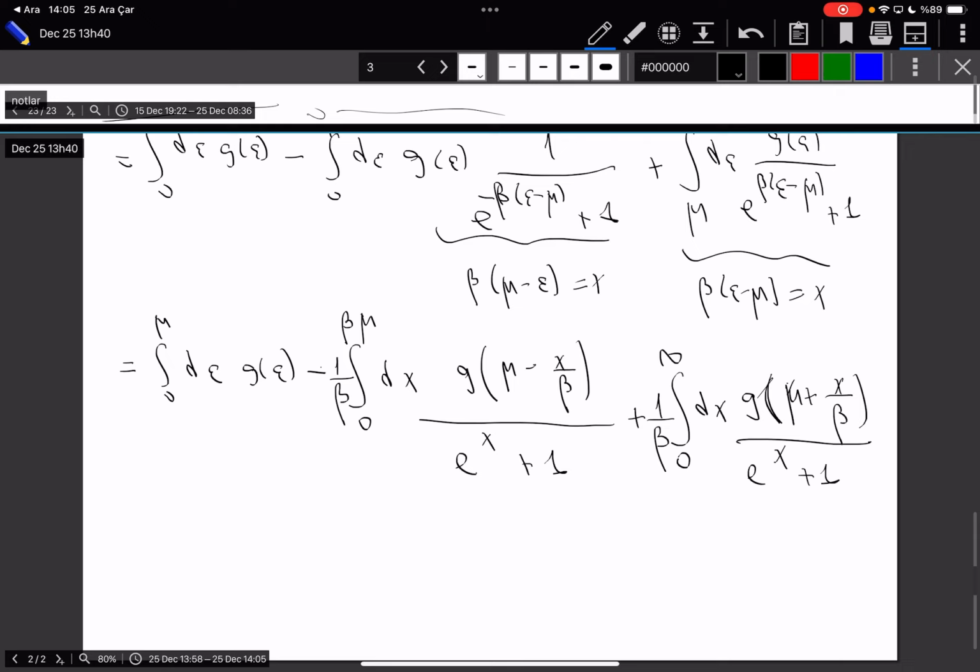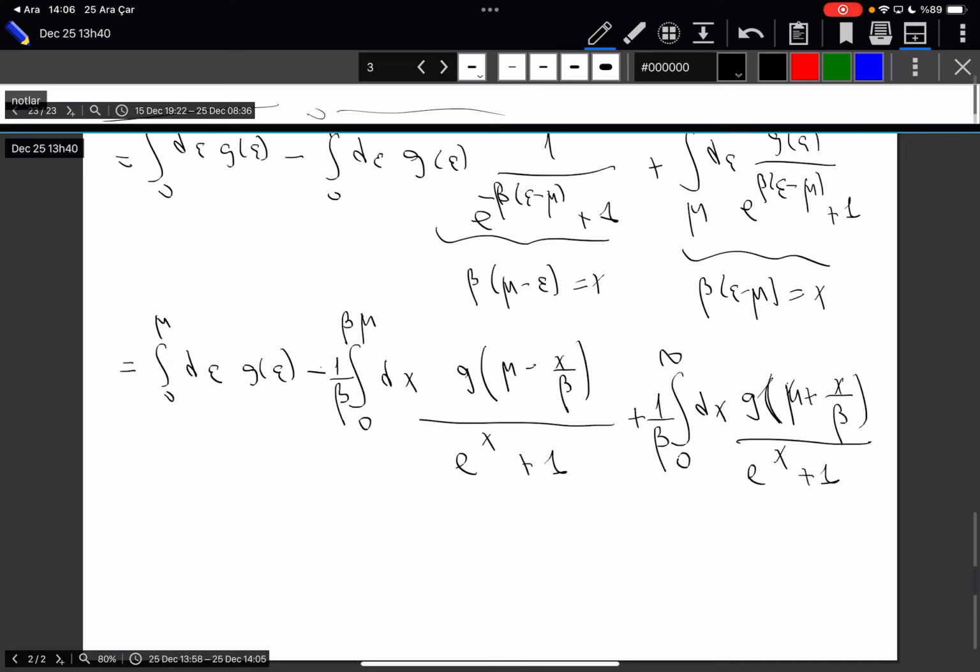Now, let's look at that second integral. Mu is of the order of epsilon Fermi. It's not a small number, it's a non-zero positive number. Beta is close to infinity. So the upper limit of that integral, beta mu, is typically a huge number. For x huge, the integrand is exponentially suppressed, e to the power minus x. If x is huge, I can just ignore the 1 compared to e to the power x. So there's practically no contribution to my integral from large values of x.